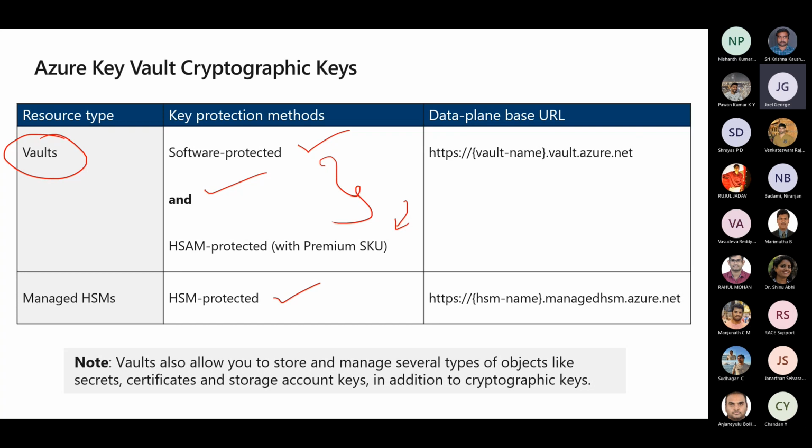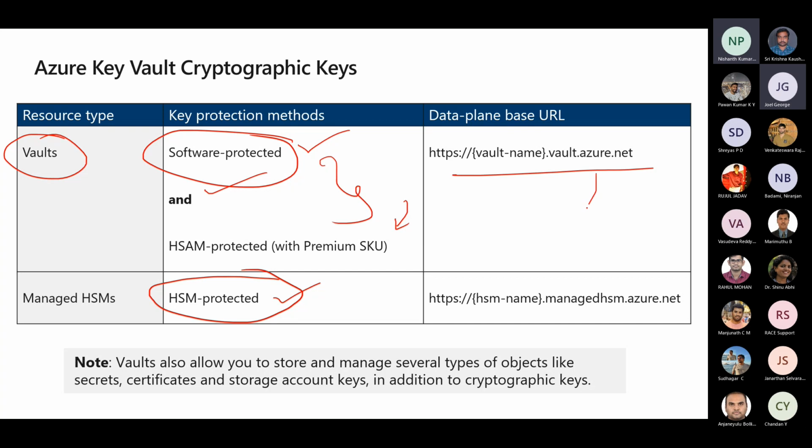The managed HSM is fully managed for you. That means one HSM is fully allocated to you, but that comes with a cost. The vault is a shared HSM. That means multiple customers use the same HSM. That's why when you create a vault, you see your vault name.vault.azure.net. But here they give you a special domain only for you, and anything that happens from this domain will be stored in your special box.